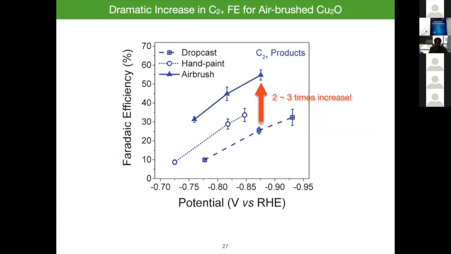Now the Faraday efficiency shows quite a dramatic impact of this. Even though we are using the same catalyst materials and the same catalyst loading, you find that the ethylene production is increased about 2 or 3 times when you use thick porous copper oxide. Initially it's less than 10%, but under the right condition, in the airbrush sample, it's above 50%. So I think that it verifies our idea.